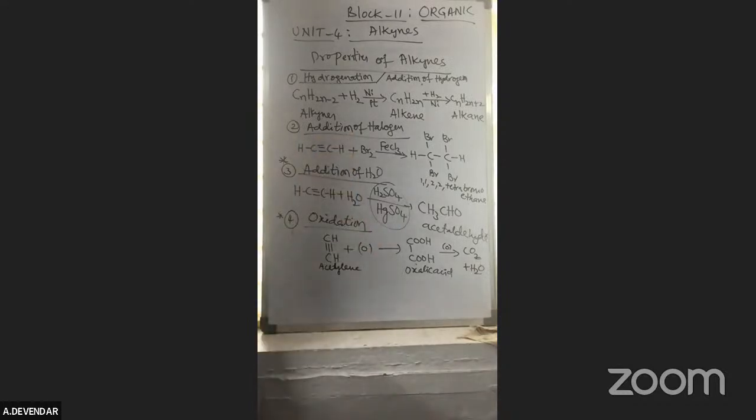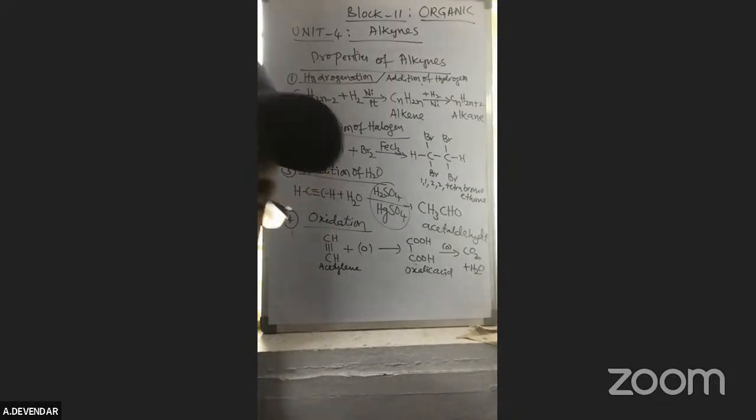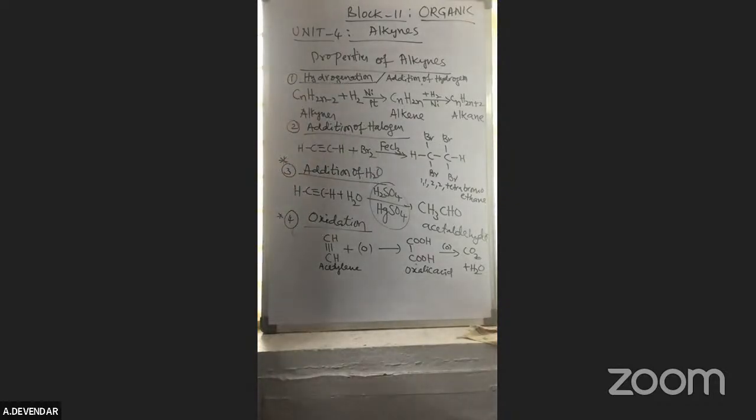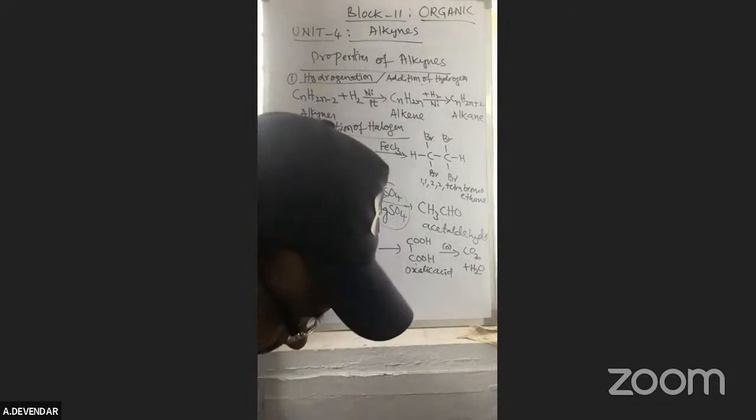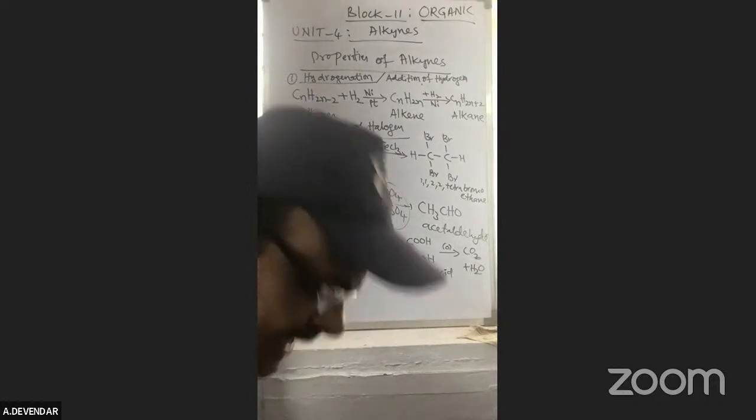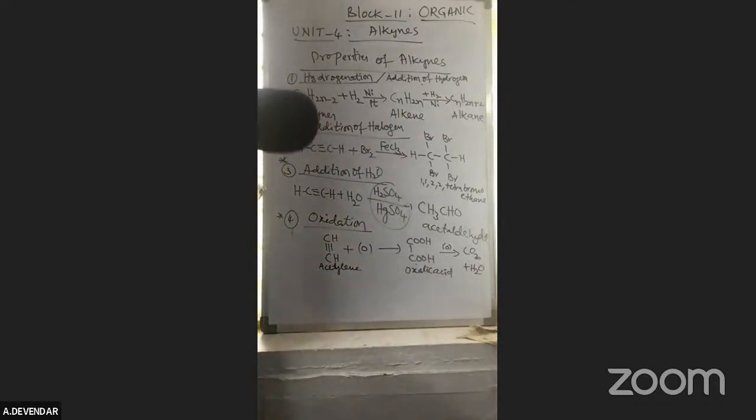One more question in this chapter: why are alkynes more acidic in nature than alkenes and alkanes? I am repeating the question: why are alkynes more acidic than alkenes and alkanes?